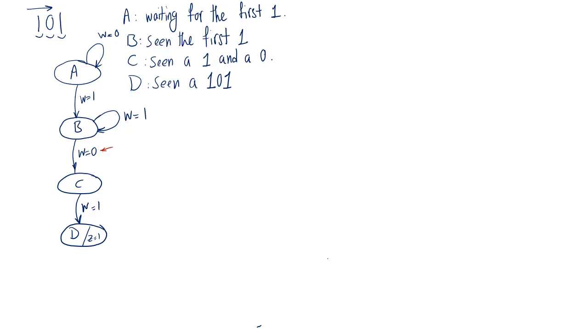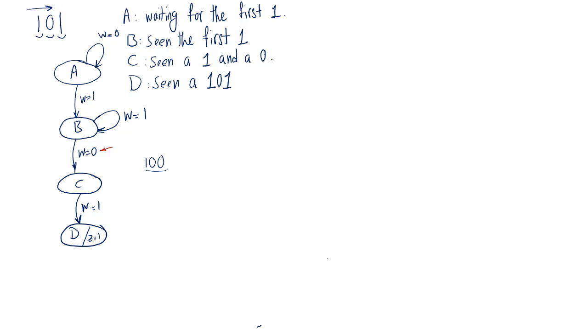How about state C? In state C, I've seen a 1, 0. If I see another 1, I'm happy. I go to state D, everything is beautiful. But if I see a 0, so I'm at 1, 0 and I see a 0, it becomes a 1, 0, 0. So where do I go from here? Well, there's no way that I can continue this and make it a 1, 0, 1.